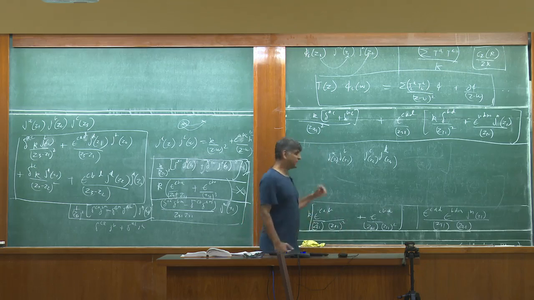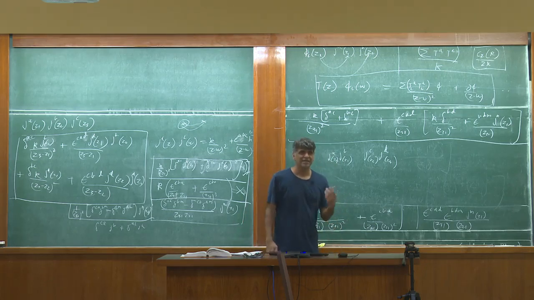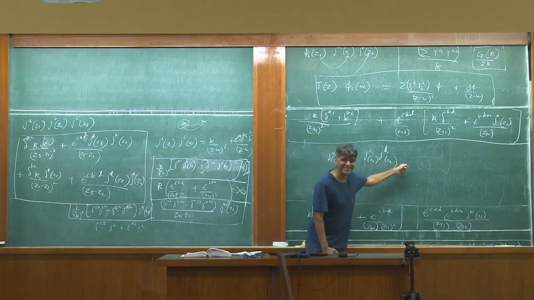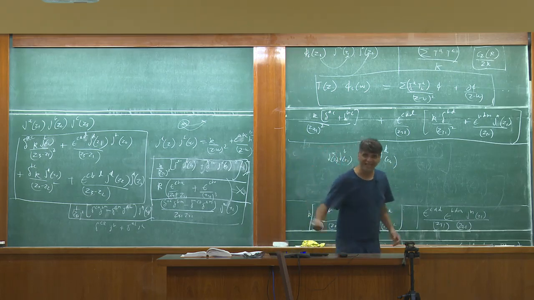This kind of thing is hell on earth to do. Actually, what you can do is use the fact that we've already found the OPE between T and two J's, so you can simplify your calculation that way.